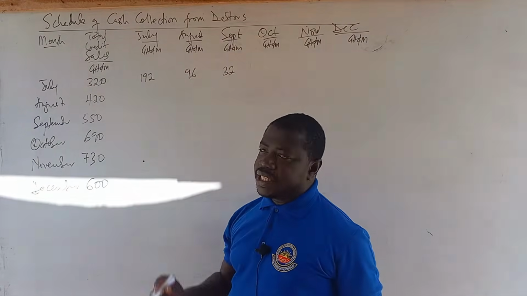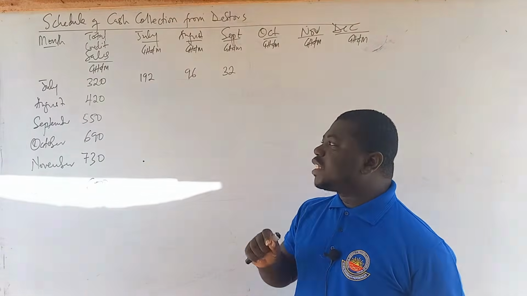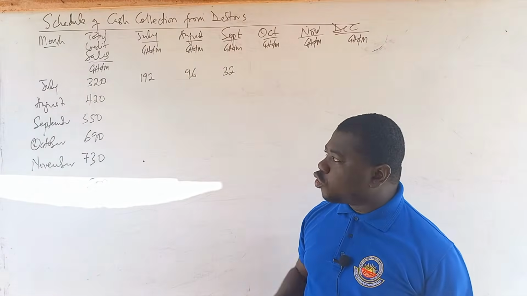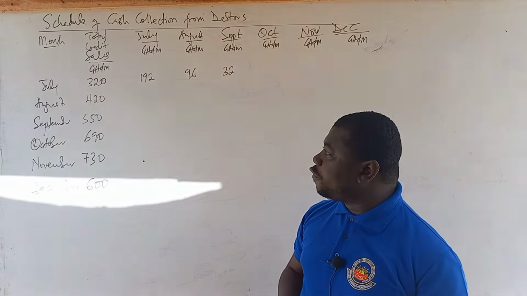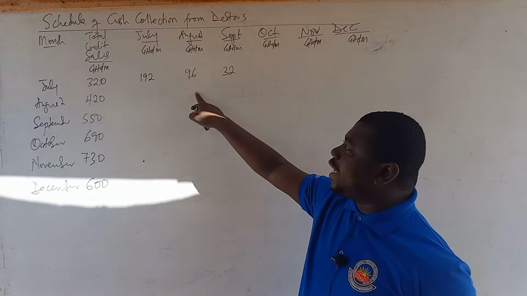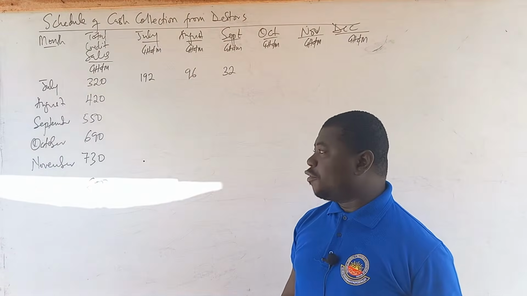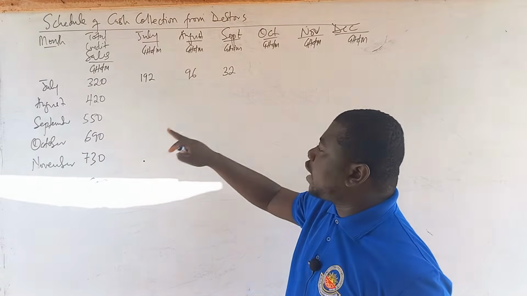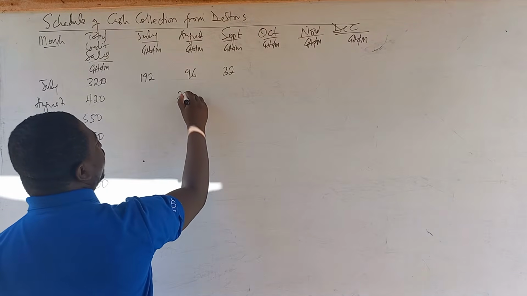When we come to August, it's 420. So we punch 60% of 420, which will give us 252. That will be collected in August. Don't make the mistake of putting that under July. I've seen some do that before. Make sure you shift it onto August, which is the first month. So that is going to be 252.